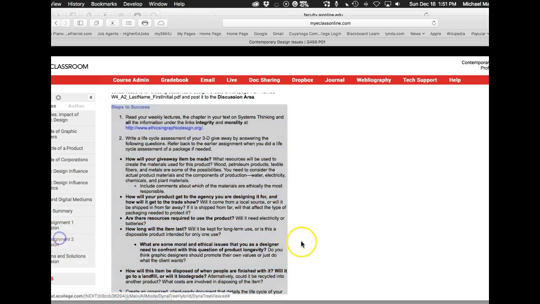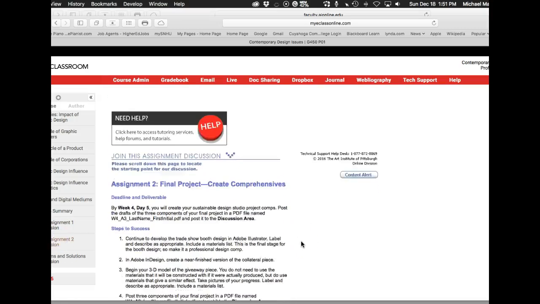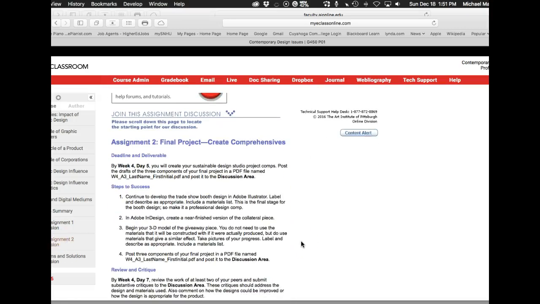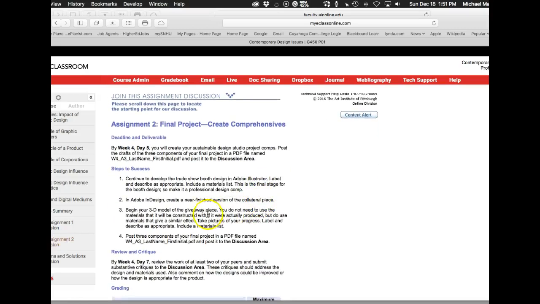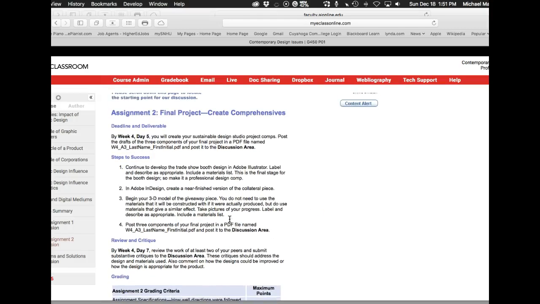So going to week 4, assignment 2, and now we're just with more of the same. You're going to be delivering your mock-ups, and you're still going to be working on your 3 components.